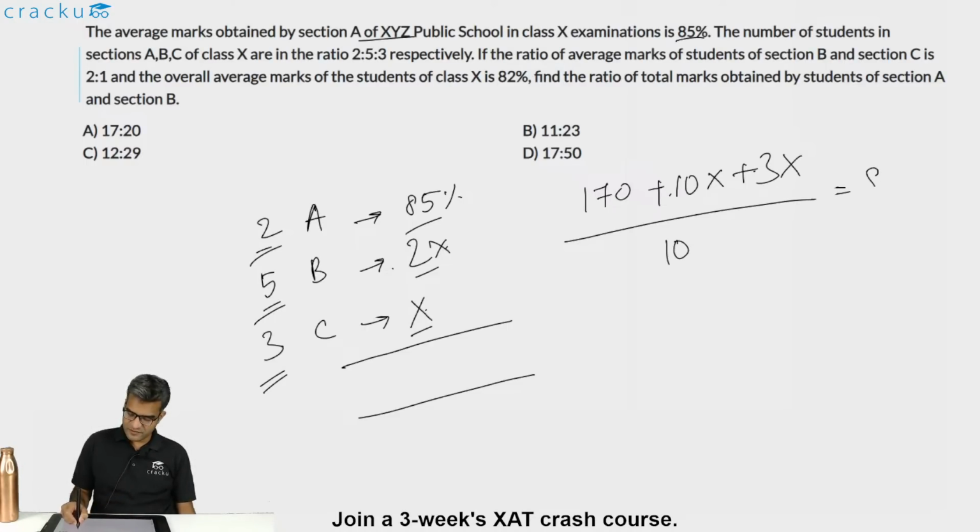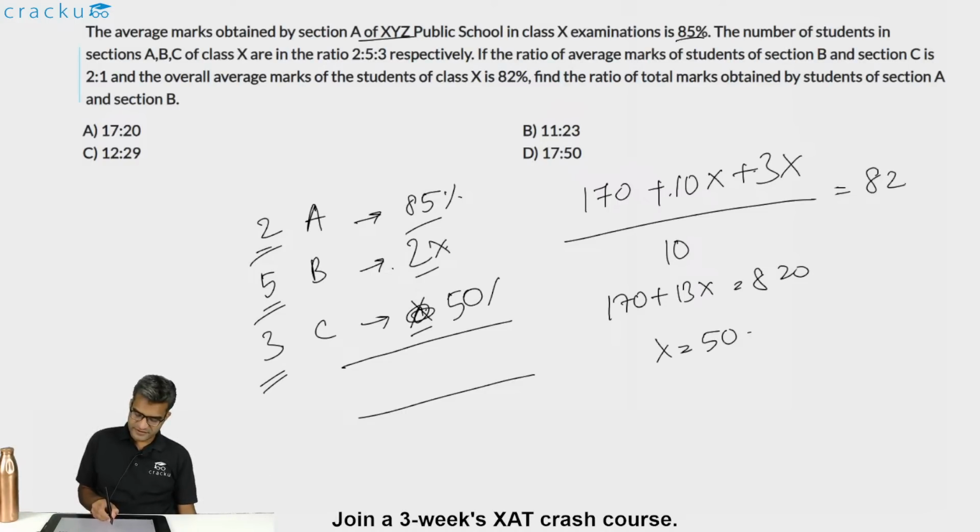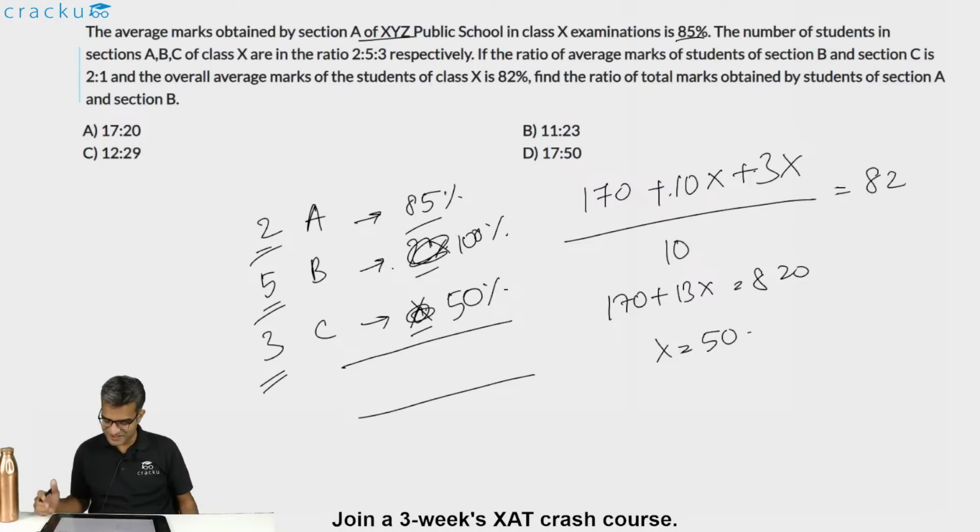This we are told is equal to 82. You can simplify this. 170 plus 13x is equal to 820, so the value of x is equal to 50. So C is 50%, B is 100%. All the students in B scored full marks.